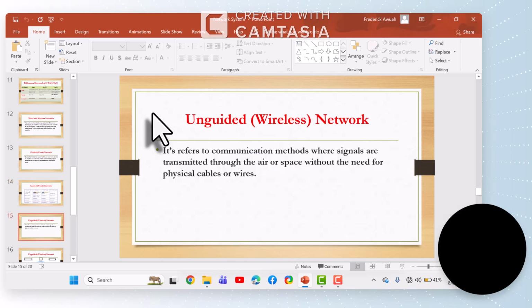So let's go to the unguided network or wireless network. It refers to a communication method where signals are transmitted through the air or space without the need for physical cable. So with wireless, you use the space or the signals to get access to the internet, especially those using Wi-Fi.